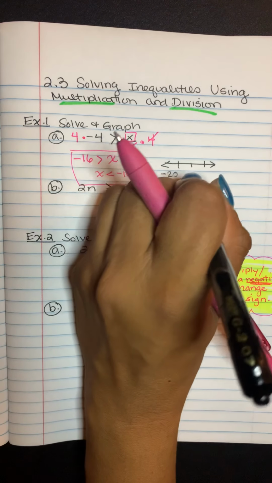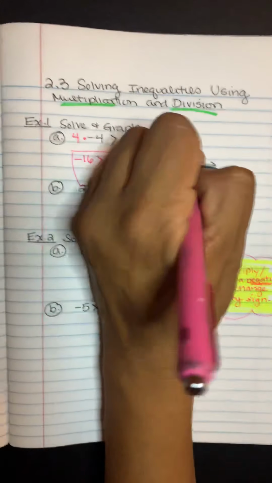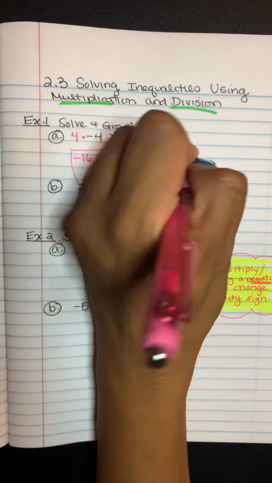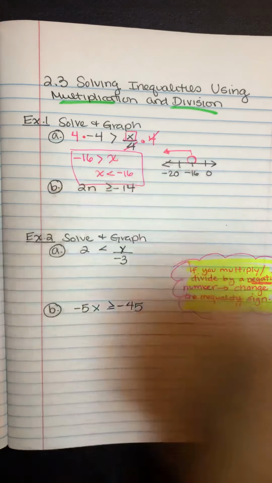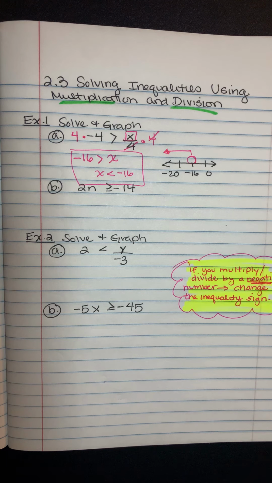Again, I'm just going to choose negative 20, negative 16, and 0. It is an open dot above negative 16, and we know x is less than that. So all our numbers that are less than negative 16, that means the arrow is to the left. Okay. All right. Let's keep it moving.